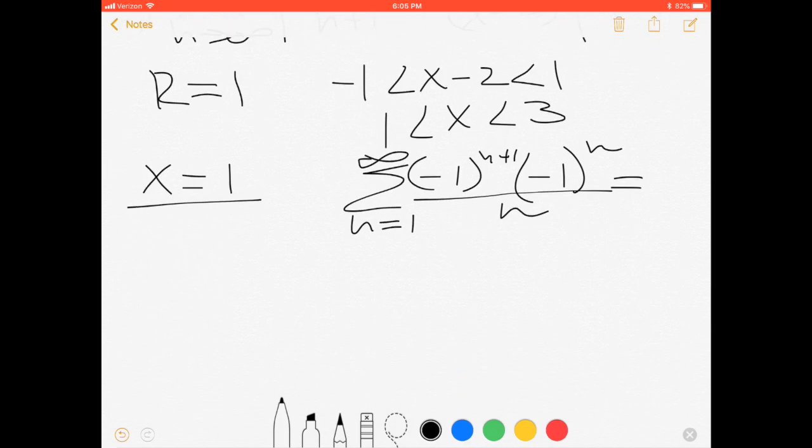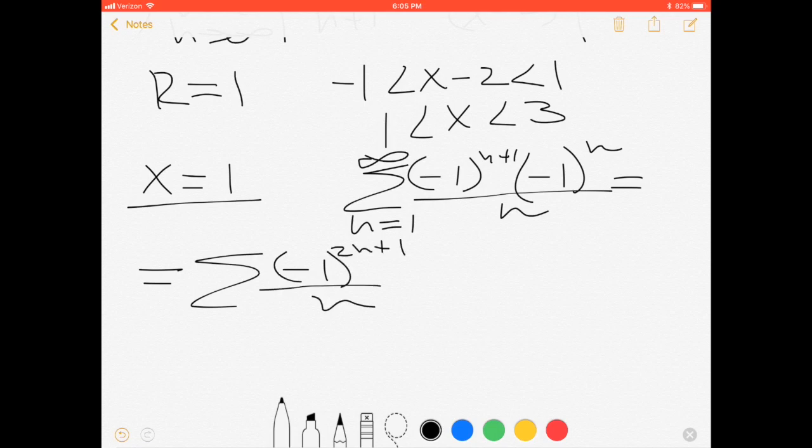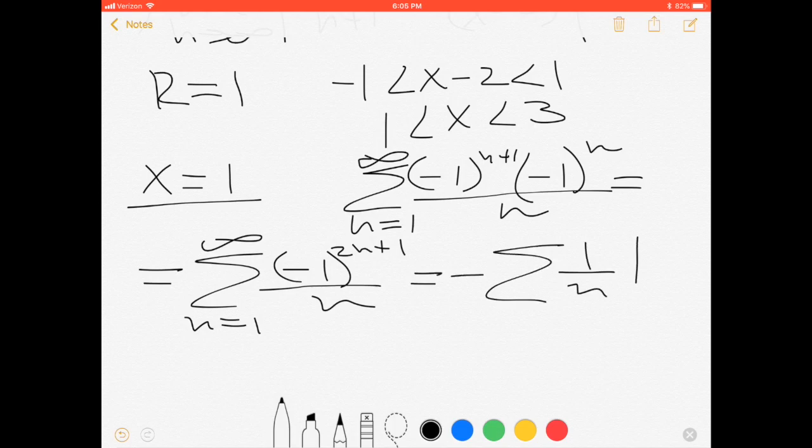Here is negative 1. Okay, maybe I write one more time: negative 1 to the power 2n plus 1 over n, from 1 to infinity. But 2n plus 1 is an odd number. This means negative 1 to any odd power will always be negative 1. This means minus 1 over n. The harmonic series diverges.